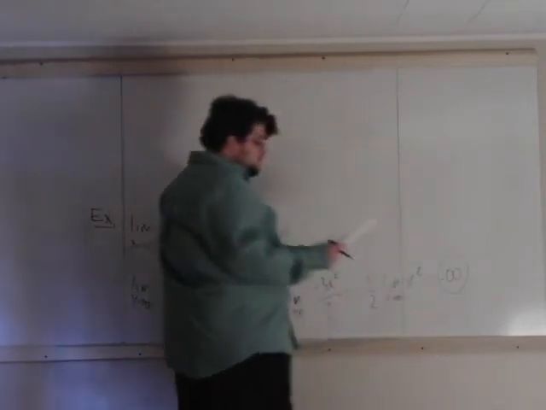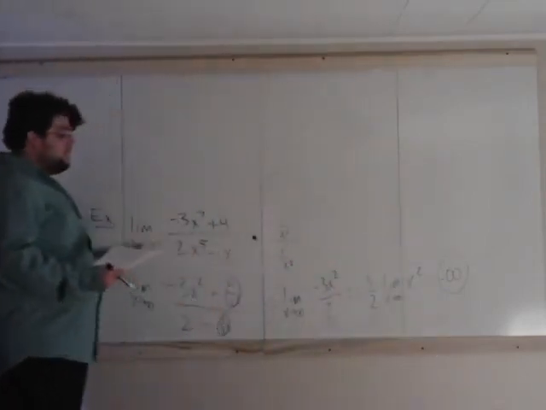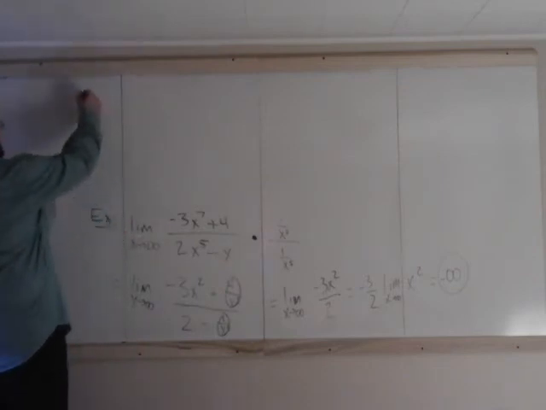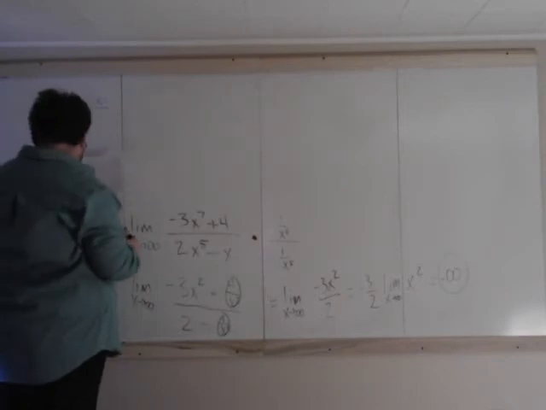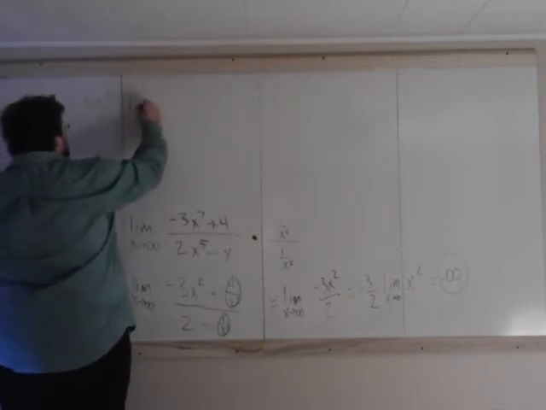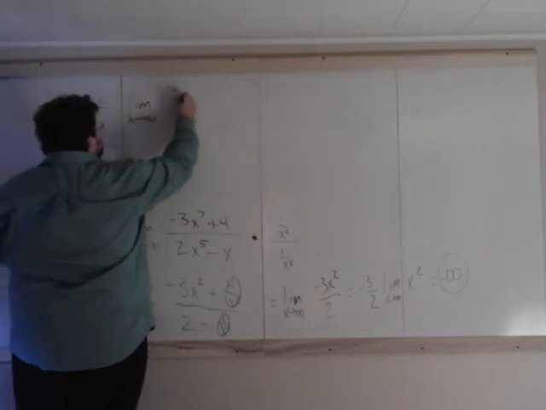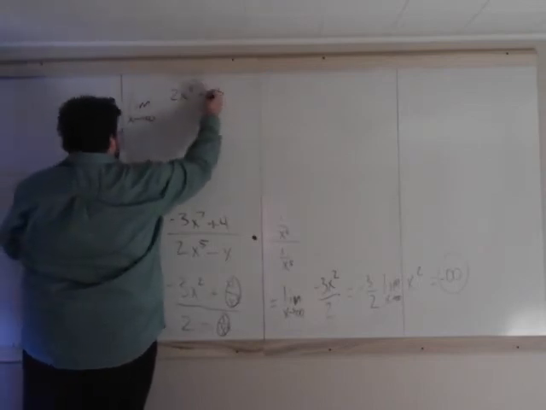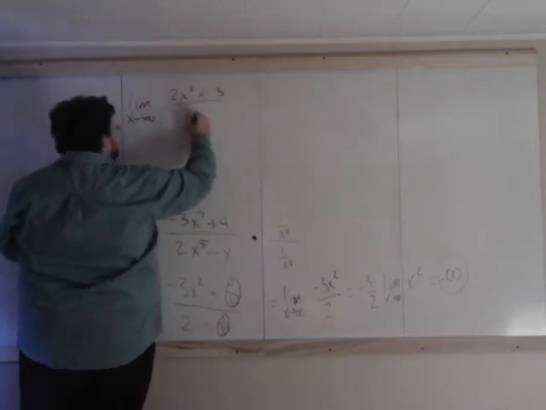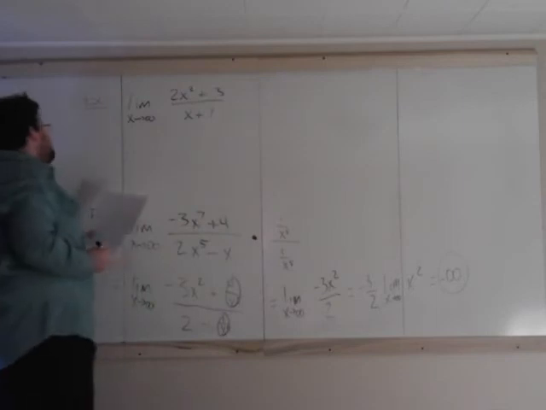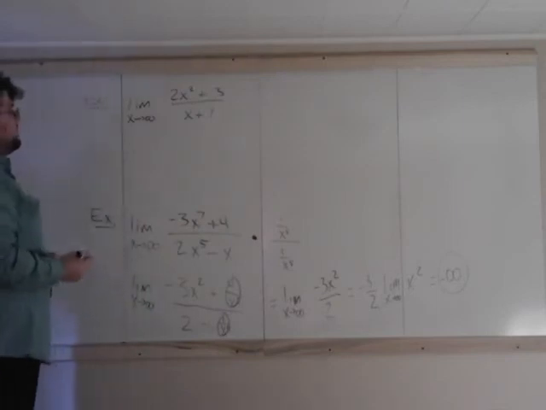Let's look at one more example like this one, where the degree on top was larger. Example: limit as x goes to infinity of 2x squared plus 3 over x plus 1. Right here, we still have polynomial over polynomial.